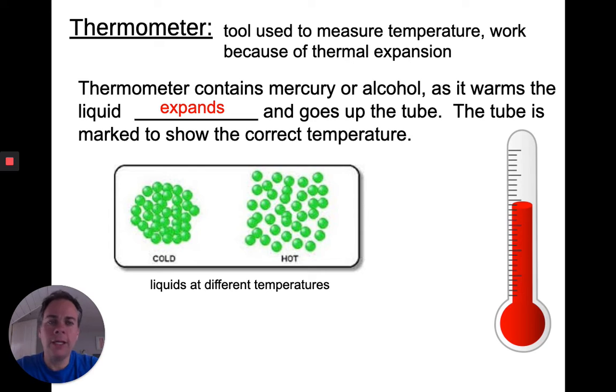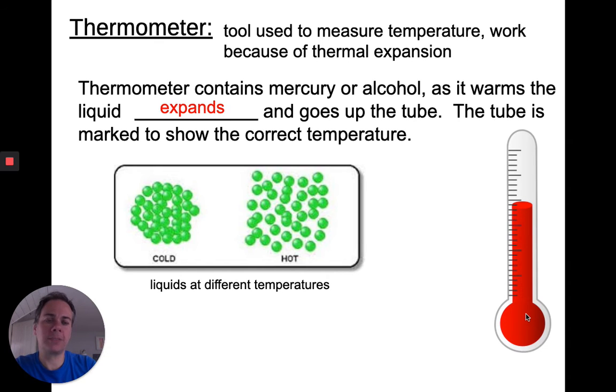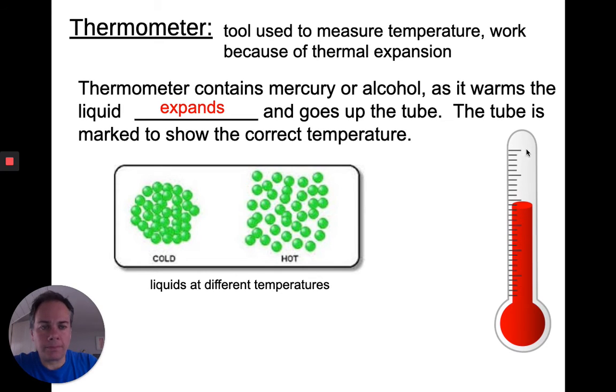And as that liquid held inside the thermometer warms, it expands. Because it's in this enclosed space, the liquid, which is usually colored, moves up the glass, and that's marked to show certain temperatures. And that's how a thermometer works.